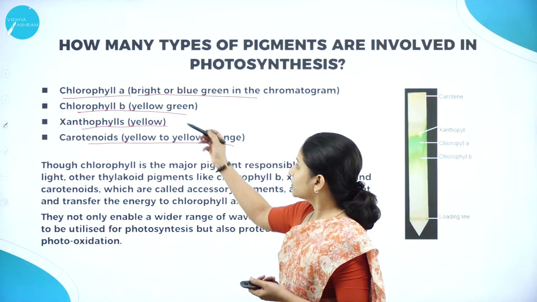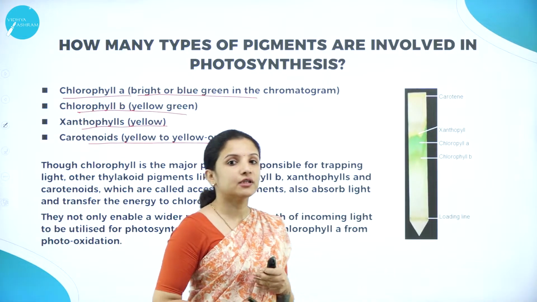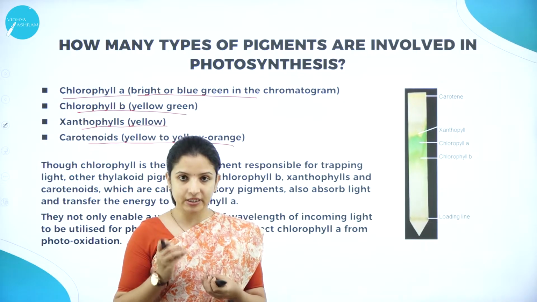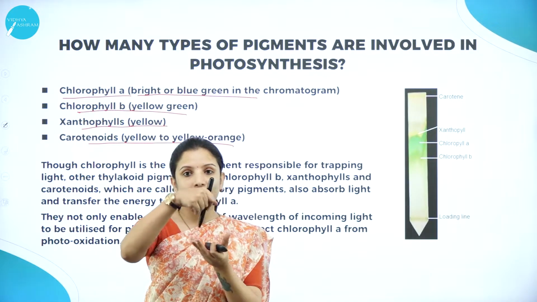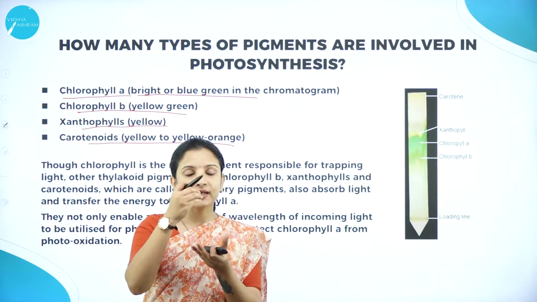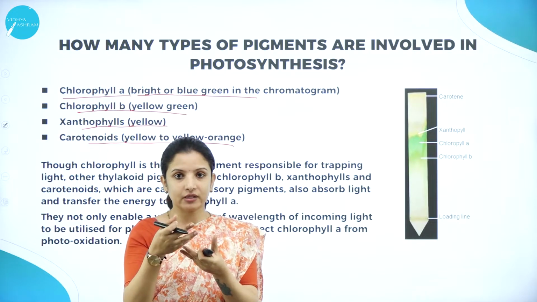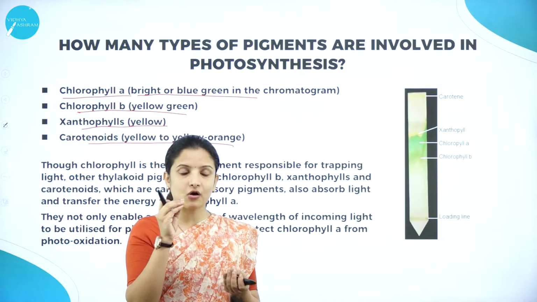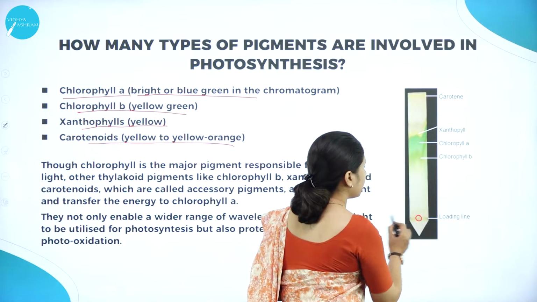So how did they know that actually these many pigments are present? There is an experiment for that. So what they do is they take some leaf material, they put it in a mortar and pestle and they grind or crush it. Once the extract is crushed in either an aqueous extract or any solvent extract, whatever extract is got, they will take it and one drop they will load somewhere here.